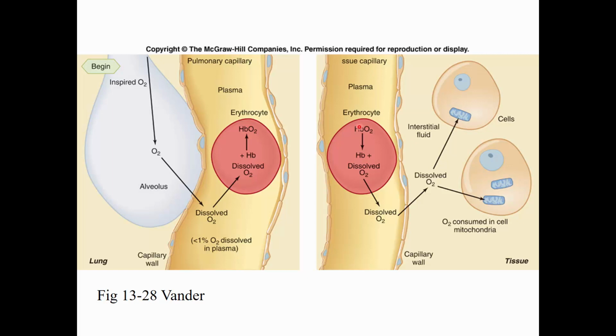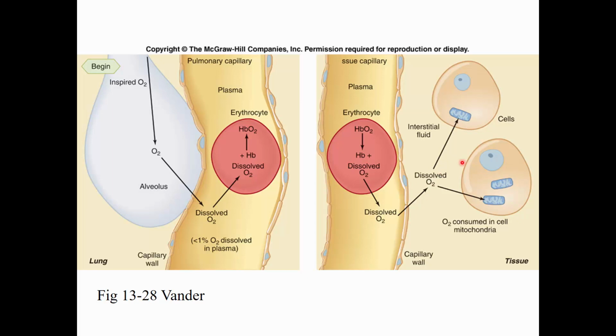At the tissues, the cells are using the oxygen, so there's a low PO2 out here. That low PO2 encourages oxygen to diffuse out of the capillary. That encourages oxygen to unbind from hemoglobin, so we continue to have a supply of oxygen to diffuse into the cells.